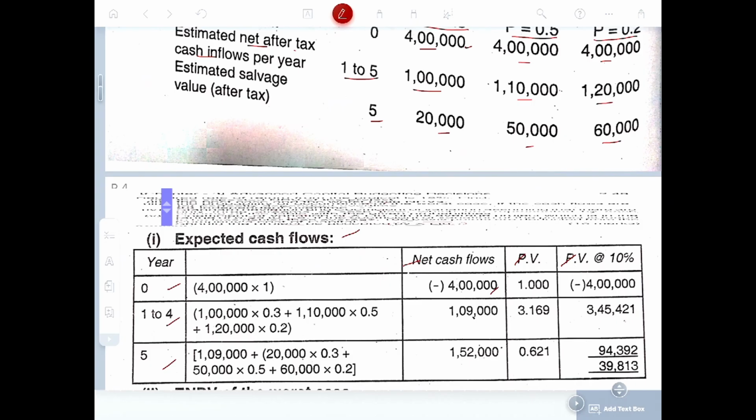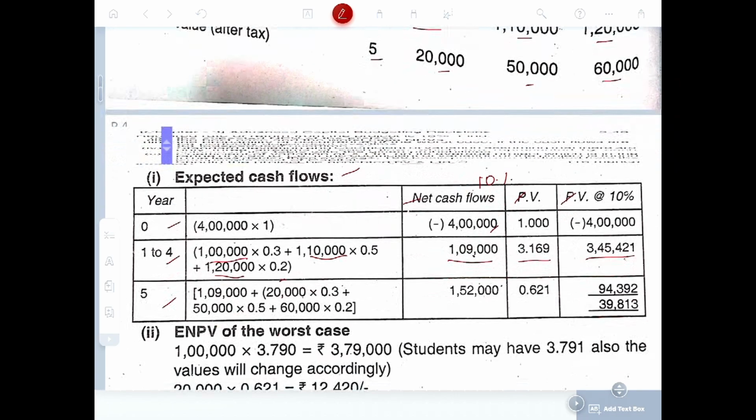Then 1 lakh at 0.3, 1 lakh 10,000 at 0.5, 1 lakh 20,000 at 0.2. Totally if you add it, you get 1 lakh 9,000. Present value factor at 10% is 3.791. Present value is 3 lakh 45,000.